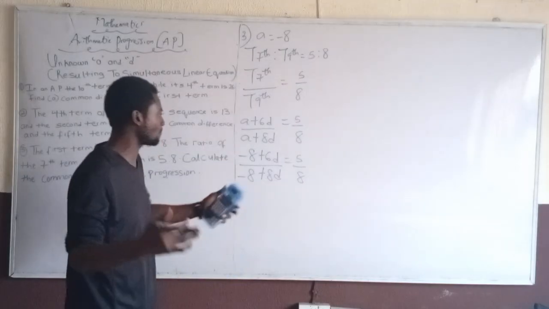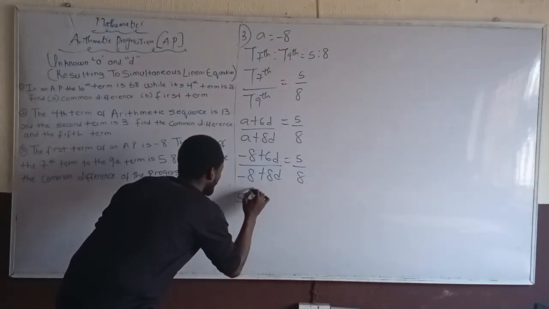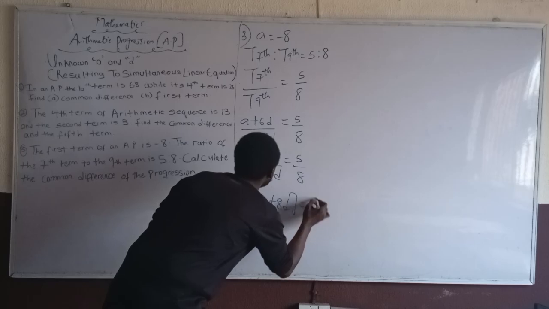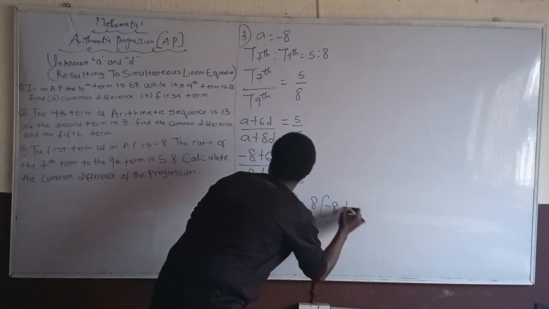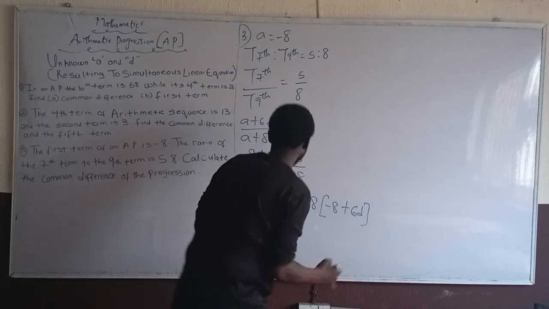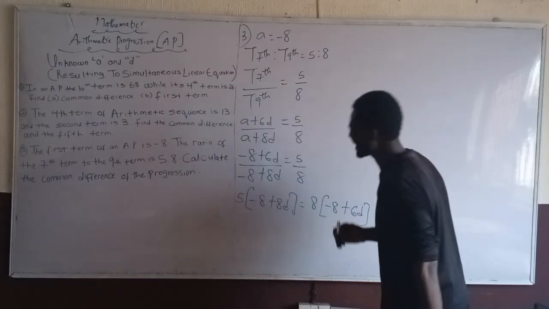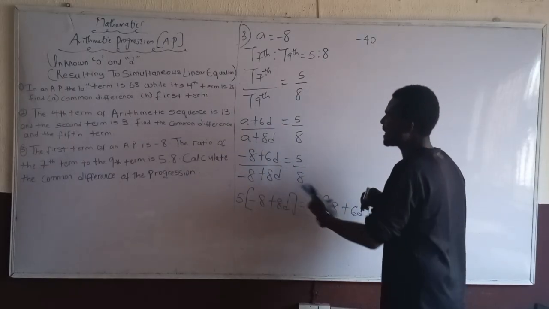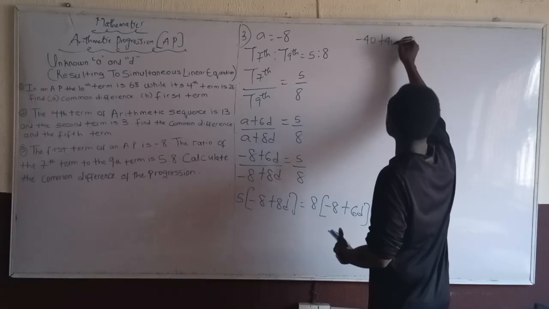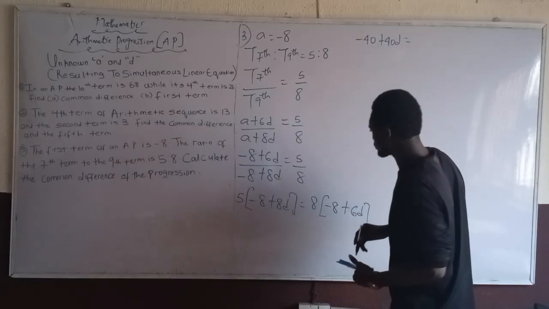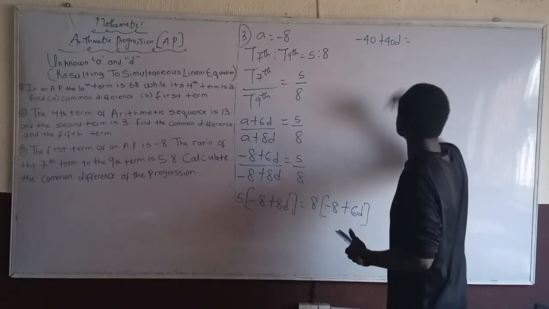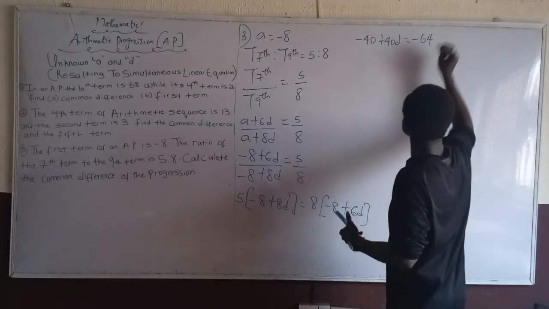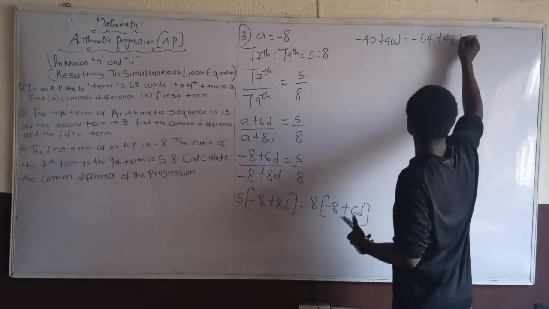So when I cross multiply, it becomes 5 open bracket minus 8 plus 8d equals 8 open bracket minus 8 plus 6d. So 5 times minus 8 is minus 40, 5 times 8d is 40d, equals 8 times minus 8 is minus 64, 8 times 6d is plus 48d.